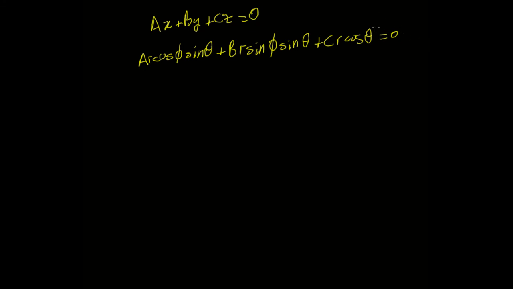So we can get rid of our values for r, and we can take the cos theta across to the other side, and then take out our value of sin theta as a common factor.